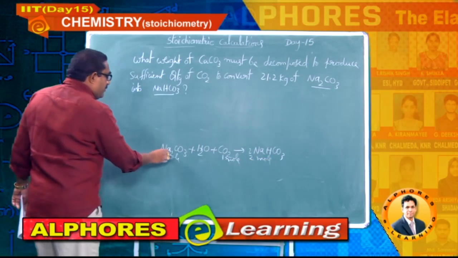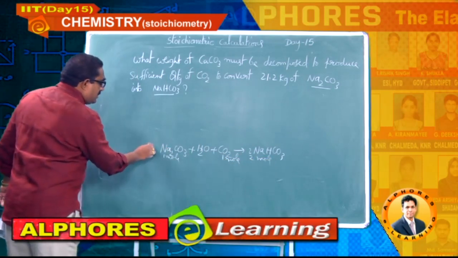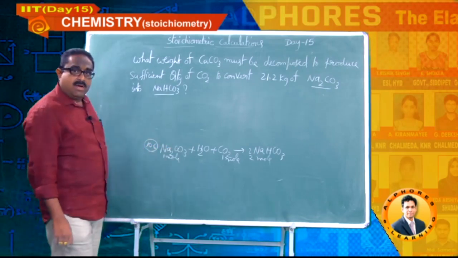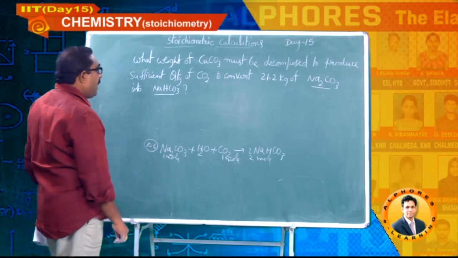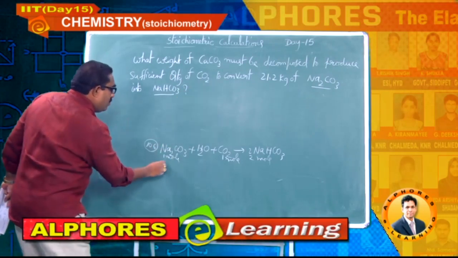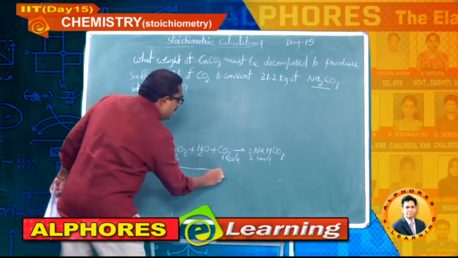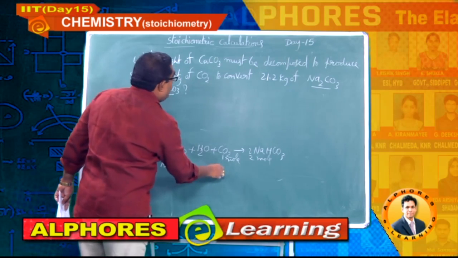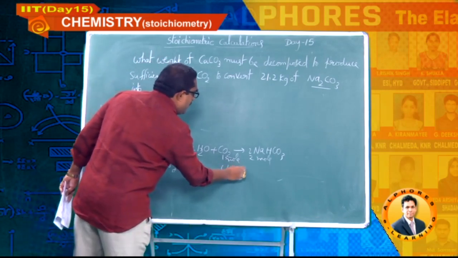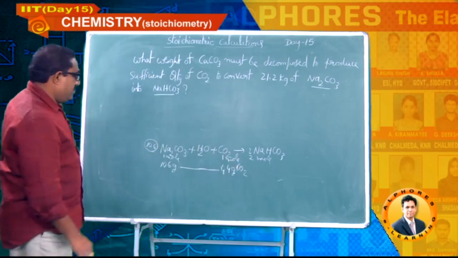What is the molar mass of sodium carbonate? 106. Molar mass of sodium carbonate is 46 plus 12, 58, plus 48, 106. Let me check. 106 grams of sodium carbonate needs 44 grams of CO2, because the molar mass of CO2 is 44.